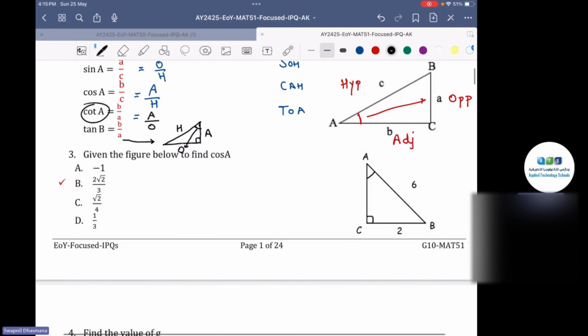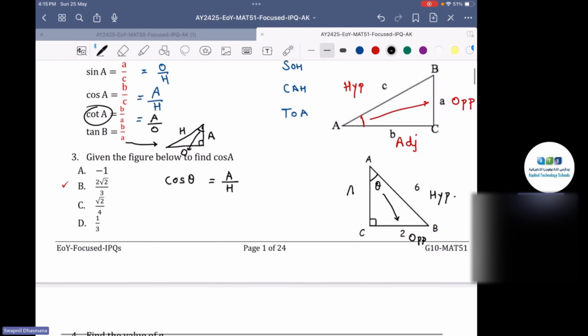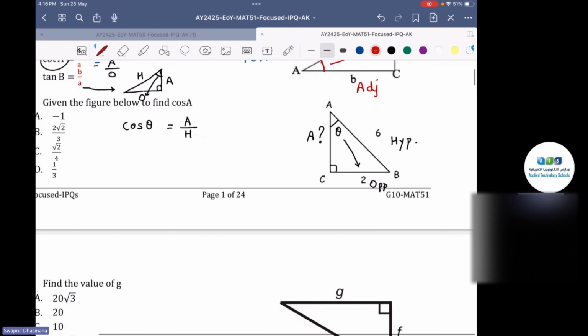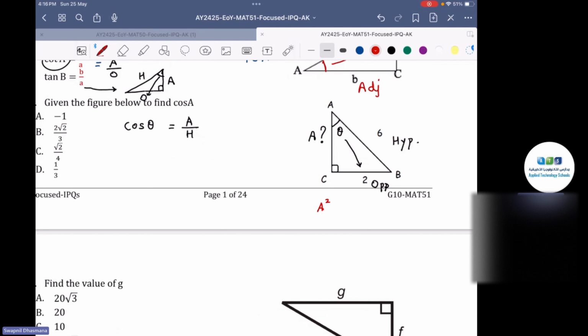Like for example, here I have to find theta. So I'll use cosine theta equals, this is opposite, this is H. So we are using CAH, which is A divided by H. We don't have the A. So to find A, we have to use Pythagoras theorem.